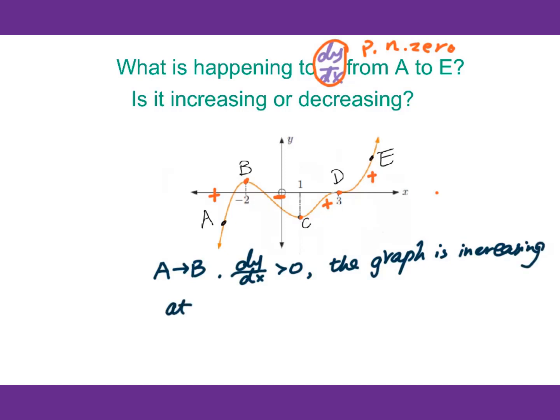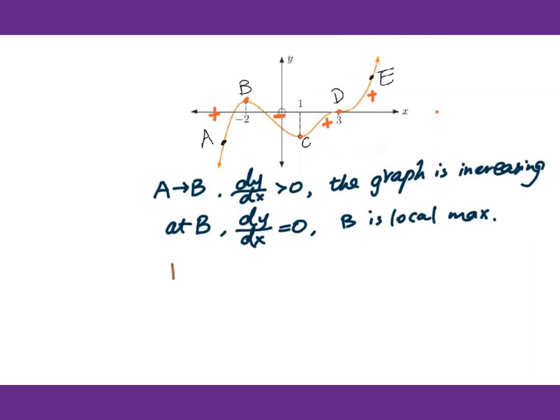Then at B, dy by dx equals 0 because B is a local maximum. Then from B to C, dy by dx is less than 0.